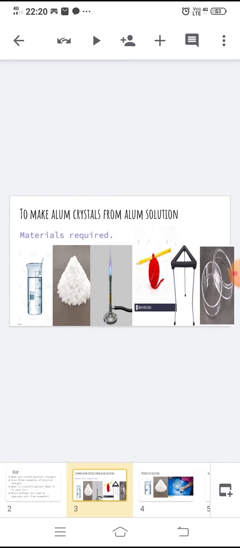To make alum crystals from alum solution, materials required: beaker, water, alum powder, Bunsen burner, thread, pencil, tripod stand and petri dish. Method.